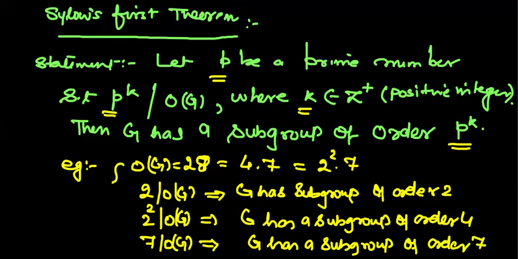This is the meaning of Sylow's first theorem. If there is a prime, and that prime raised to some power divides the order of G, then G has a subgroup of order p raised to that power. This is how Sylow's theorem is stated.